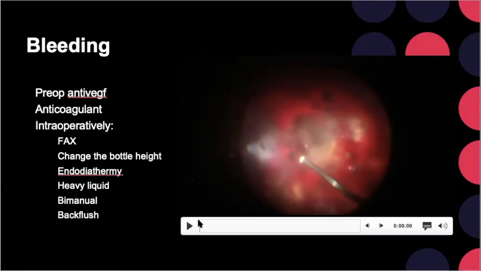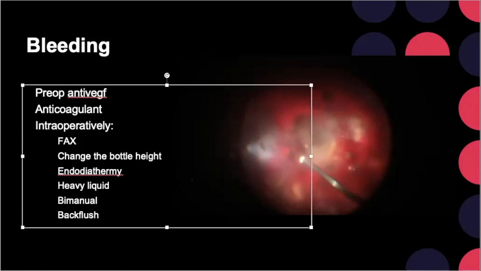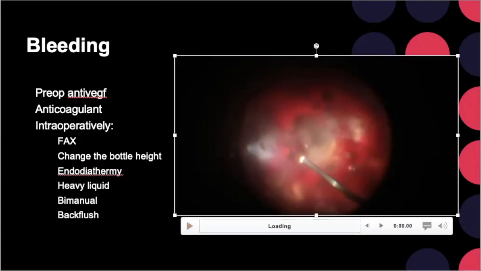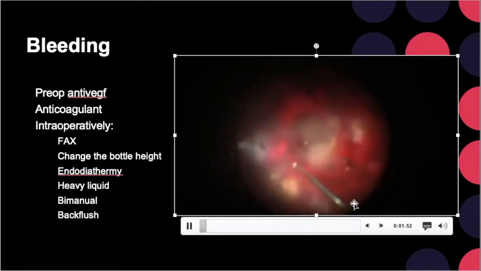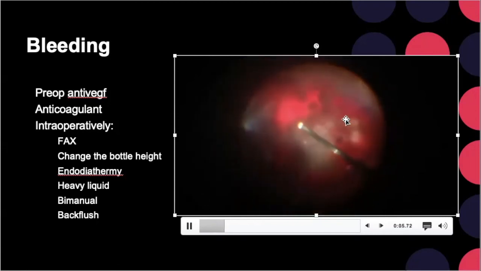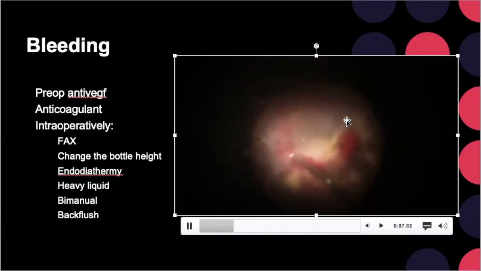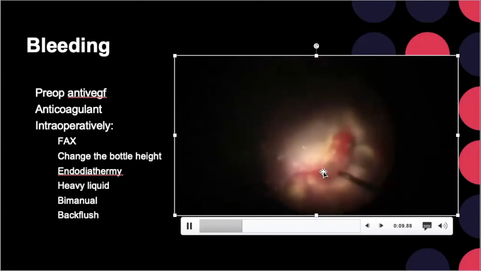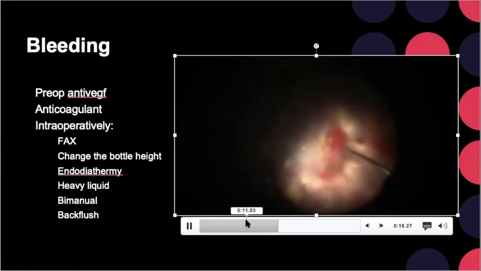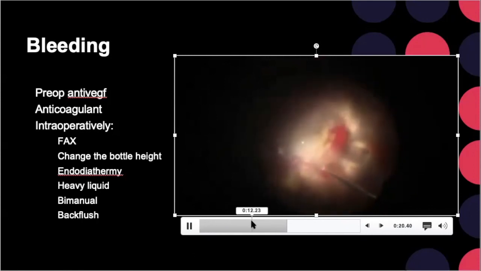Just an example of using heavy liquid: there was active bleeding in the back, you can see all this fresh blood. So what we do is place heavy liquid behind, allow the bleeder to stop, and while we are doing all the work, trimming all the posterior hyaloid and also the membrane around anything beyond the heavy liquid.